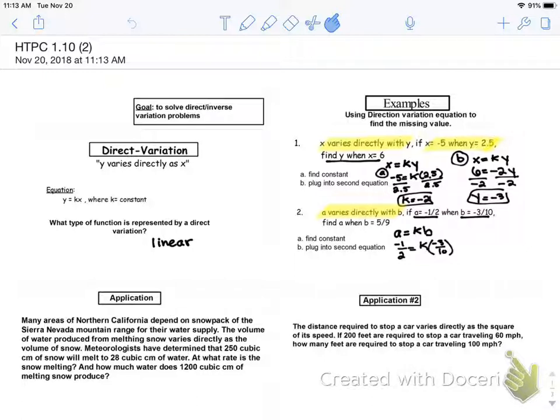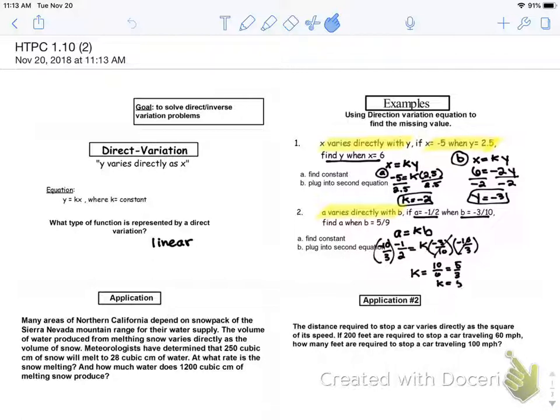And then hopefully you're thinking multiply by the reciprocal. So k would equal positive 10/6. I'm going to reduce that to 5/3. Okay, so k is 5/3.